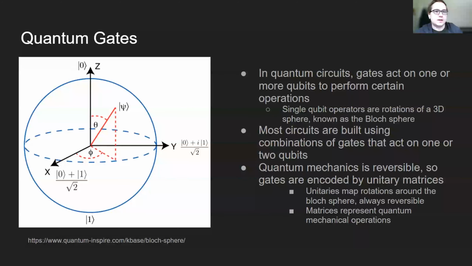For example, the X gate functions similarly to the classical NOT gate, where we rotate from the 0 to the 1. There are a wide variety of different single qubit operators that function like this. The main thing to note is that they're always reversible, because if you rotate in one direction along this sphere, you can always rotate around again to get back to where you started. And so these matrices represent quantum mechanical operations, just abstracted.